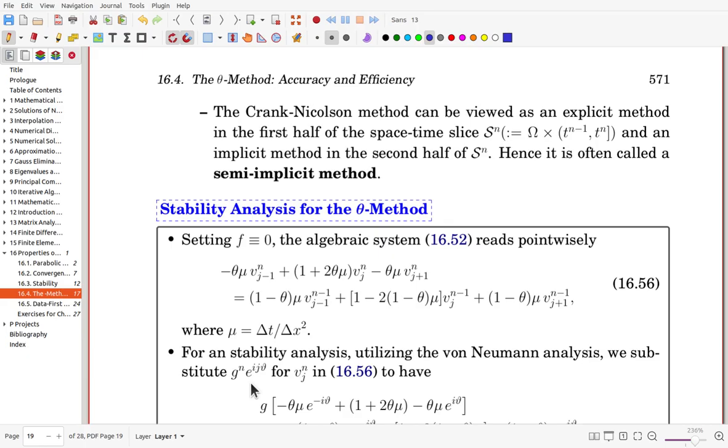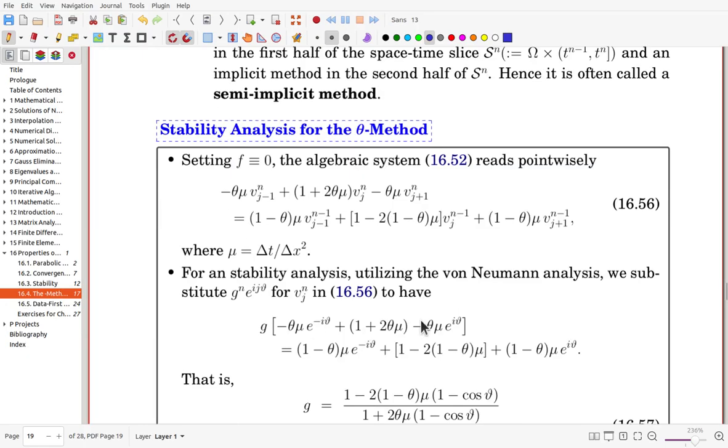In the last section, we considered this technique. And then from this one, first we replace and then divide by g^(n-1) e^(ij theta), then we can reach this simplified equation.